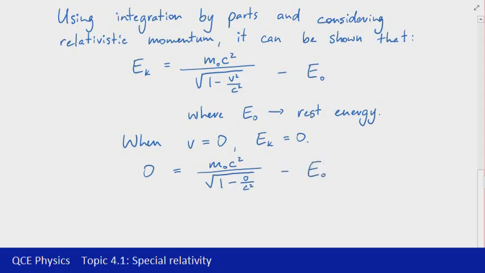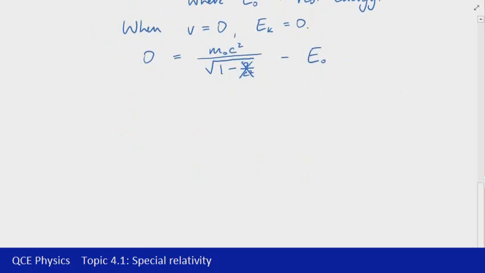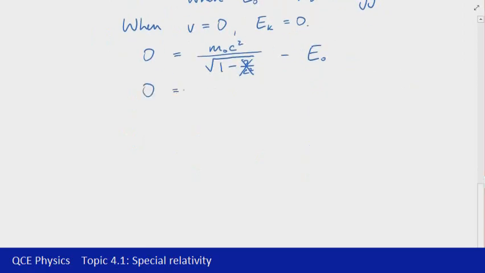Now hopefully you can see here that this term of 1 minus 0 over c squared is effectively going to disappear, and so we're left with 0 is equal to m0 c squared, given that we've divided by the square root of 1, and that's subtract E0 at the end still.